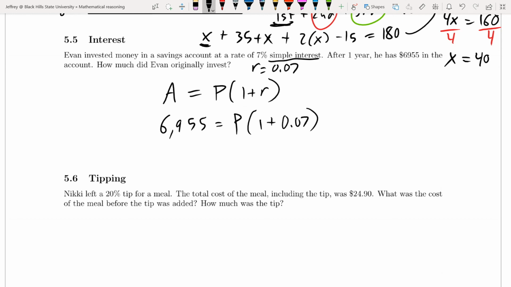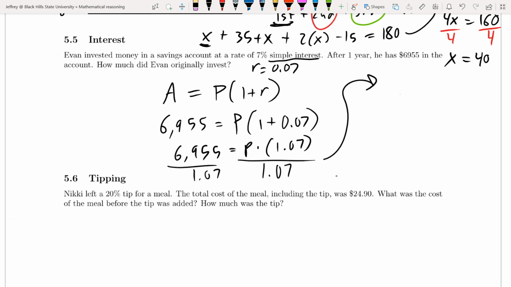We're going to solve for the original investment, which was P. So we have 6,955 equals P times 1.07. And we're just going to divide both sides by 1.07. This gives us our original investment of P equals $6,500.